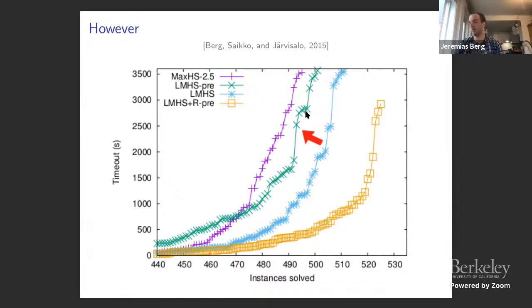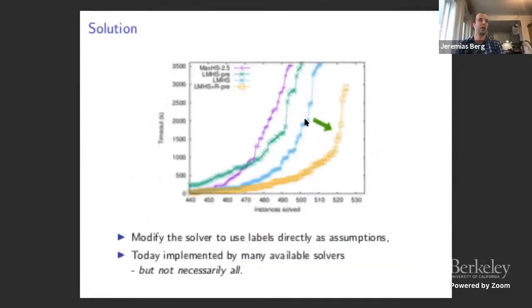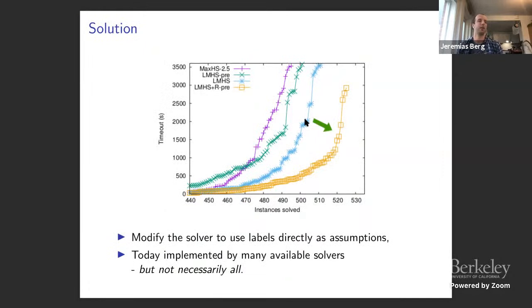But luckily, there's a fairly simple solution that fixes this problem. I'll not go into too much detail, but as long as you tell your MaxSAT solver to use the labels as assumptions. So MaxSAT solvers add a lot of assumption variables to control soft clauses. So instead of adding the unit negation of a label as a soft clause, you use that label as an assumption directly. And then you end up with performance corresponding to this yellow line over here.